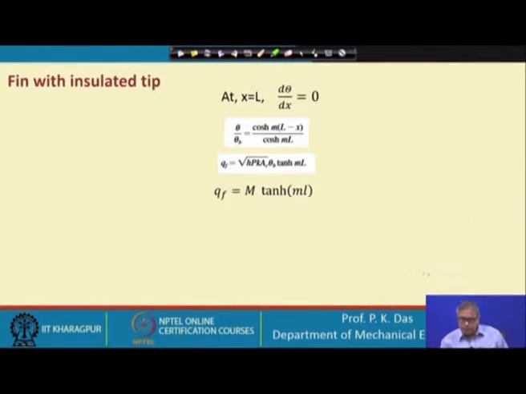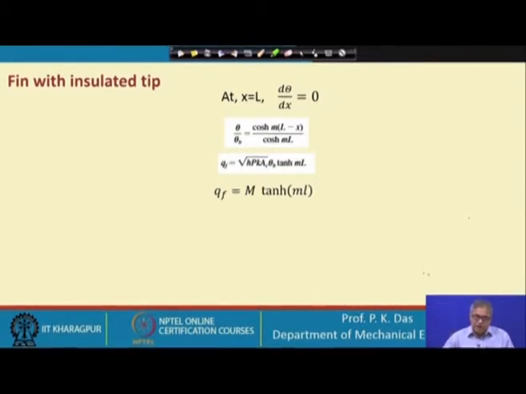If we impose the boundary condition, the common boundary condition is that at the fin base, where the fin is attached to the primary surface, it has a known temperature, and the tip, that is the other end of the fin, is insulated.